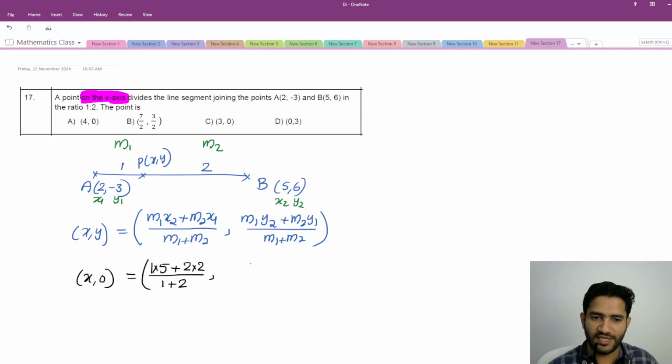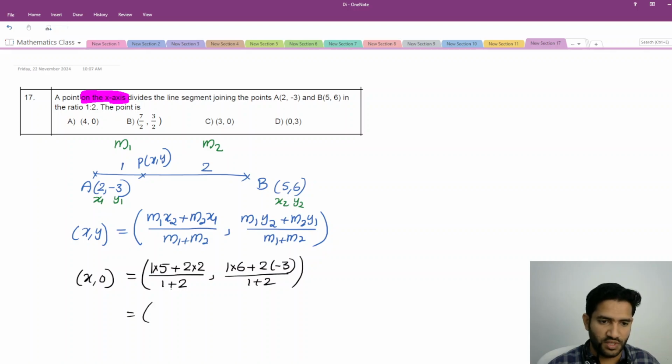If you want, we can verify whether it is 0 or not. So 1 into 6 plus 2 into minus 3, divided by 1 plus 2. Here 6 minus 6 by 3 is 0. And for x, 5 plus 4, that is 9 by 3, so clearly this one is (3, 0).